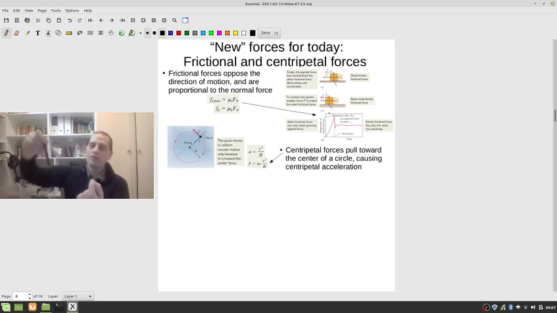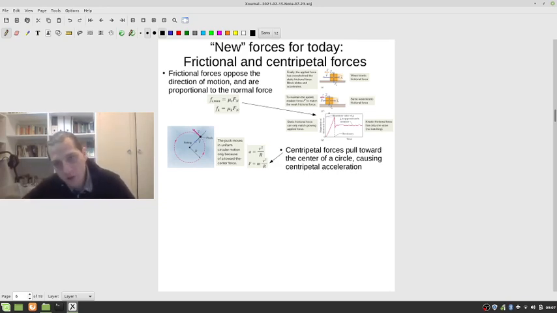So if you have an object that's going in a circle, we already introduced that as centripetal acceleration, because you're not changing speed, you're only changing direction. The acceleration is v squared over r, the speed squared over the radius, and the direction of the acceleration is always towards the center.